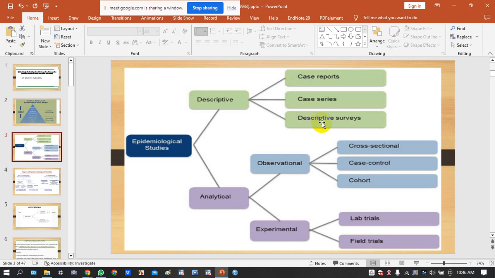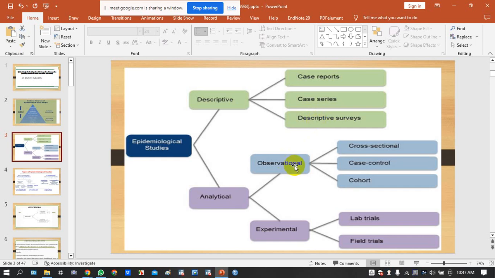This way we are not comparing individuals, we are just comparing communities or nations or societies. That becomes an ecological study. Ecology is like somebody's ecological nature, like your community where you are. So you are comparing the communities but not the human beings.